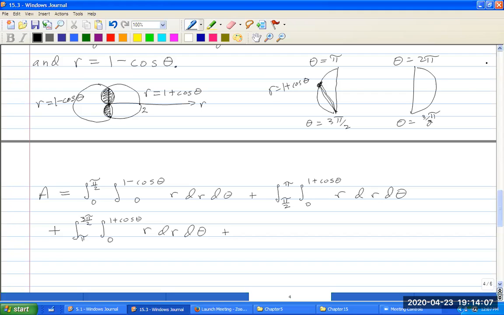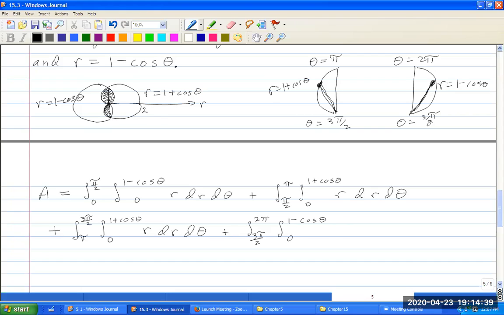And then this is a 1 minus cosine. So if I look here at this and sweep it out, this gives me the integral from 3 pi over 2 to 2 pi, integral from 0 to 1 minus cosine theta.